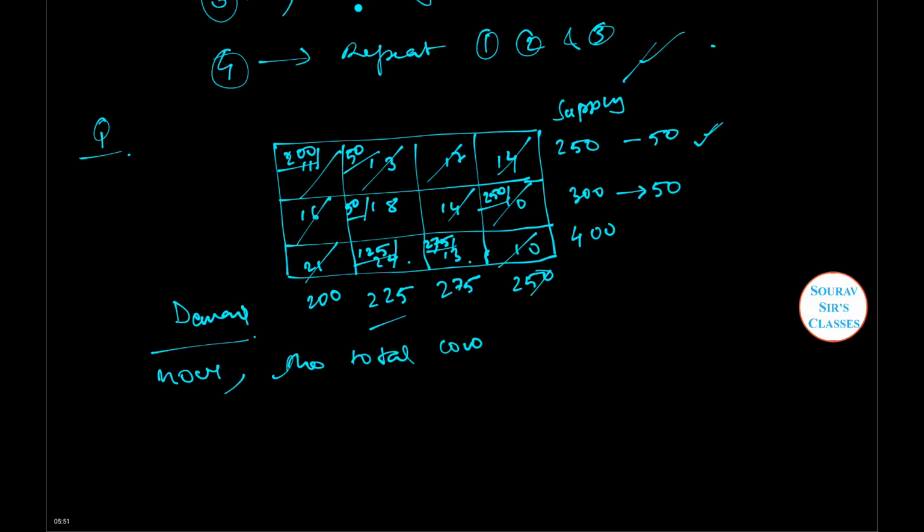Now the total cost is the same as in the northwest corner rule: cost into allocation plus cost into allocation, and so on.